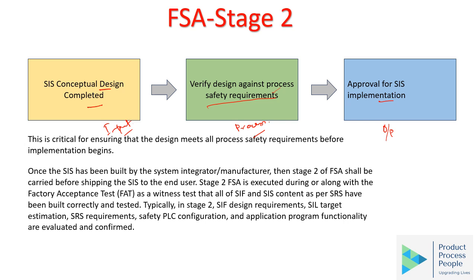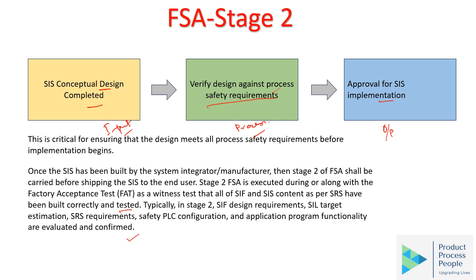Stage 2 FSA is executed during or along with the FAT as a witness test that all SIF and SIS content as per SRS has been built correctly and tested. Typically in stage 2, SIF design requirement, SEAL target estimation, SIS SRS requirement, safety PLC configuration, and application program functionality are evaluated and confirmed.